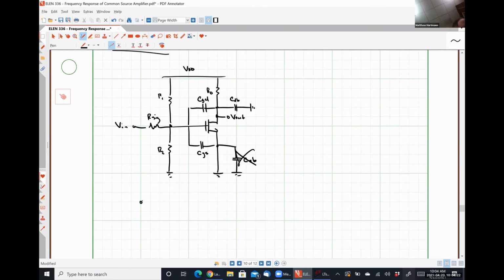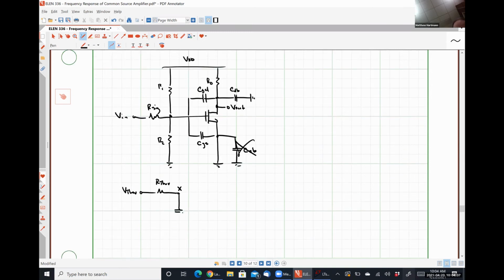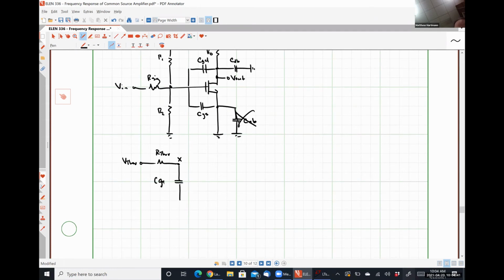So if I draw just my simple small signal model for this guy, where I have VThev applied to some resistance RThev. Here's node X. CGS. Source is grounded.